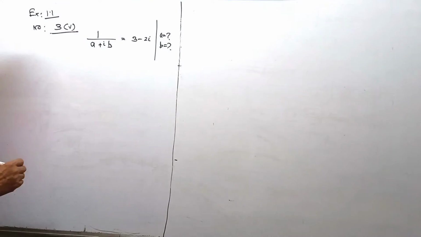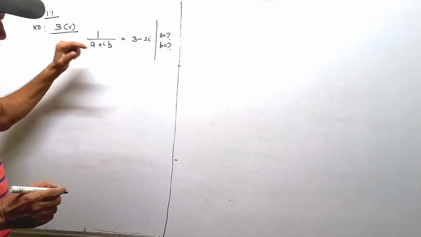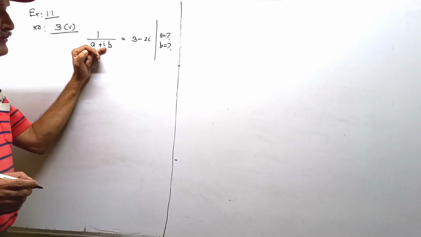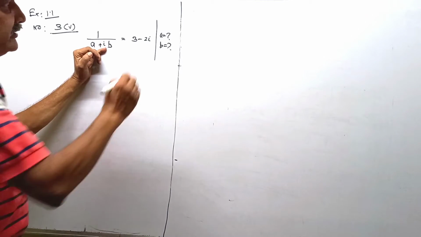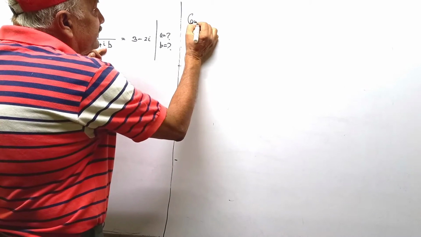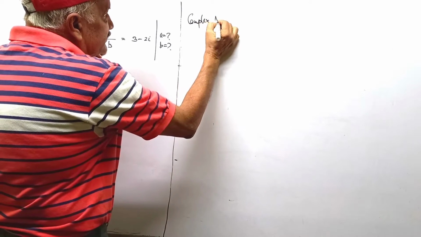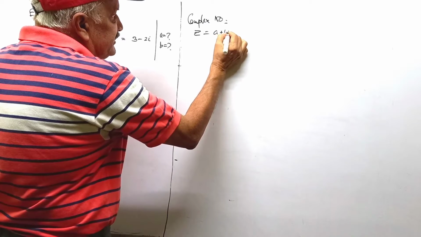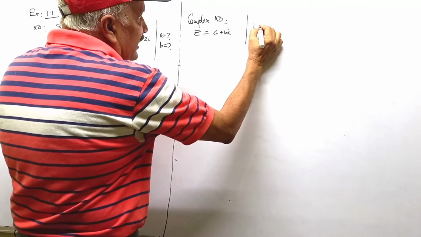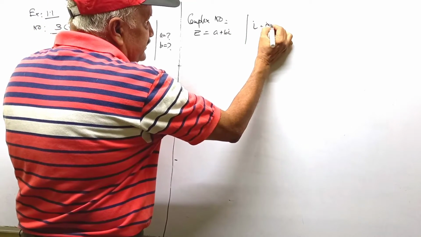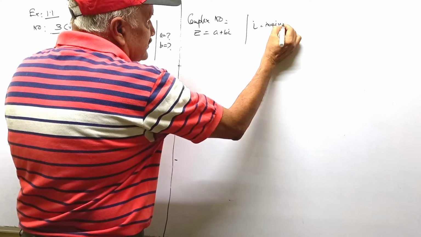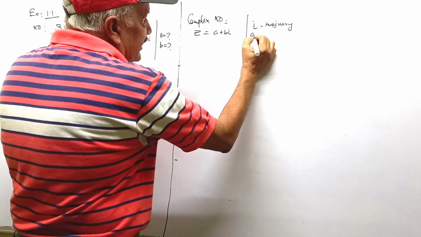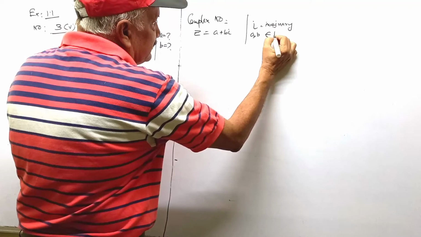Now, earlier we have learned the imaginary number. A complex number z equals a plus bi, where i is imaginary and a, b belong to the real numbers.